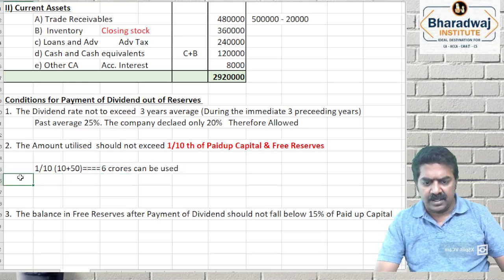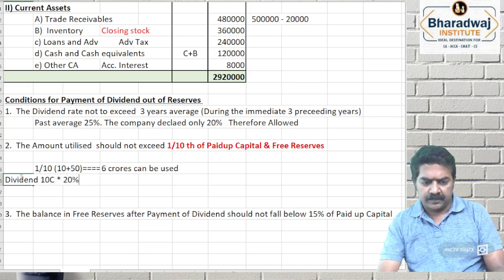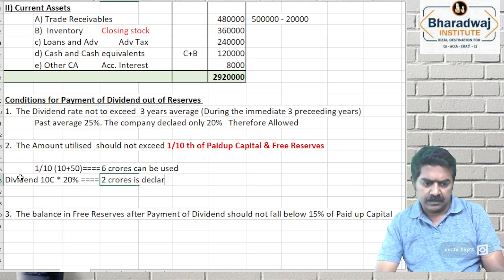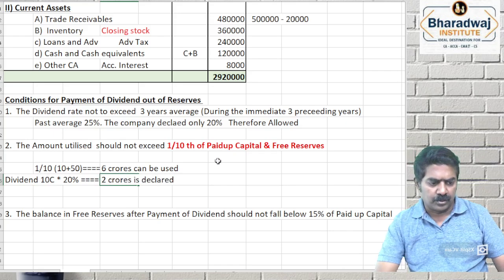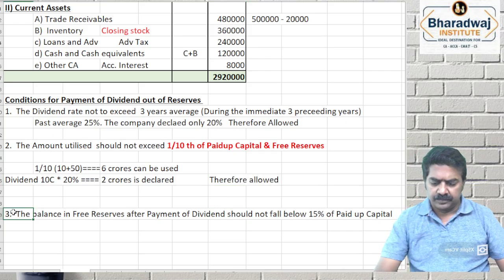But how much dividend have we declared? 10 crores into how much percentage? 20%, so how much is declared? 2 crore is declared. So this is also allowed. This is within the limit allowed.